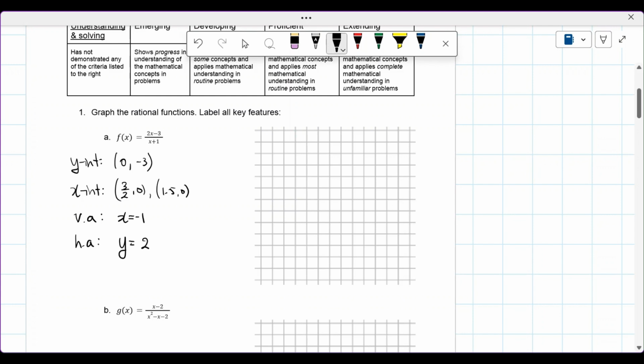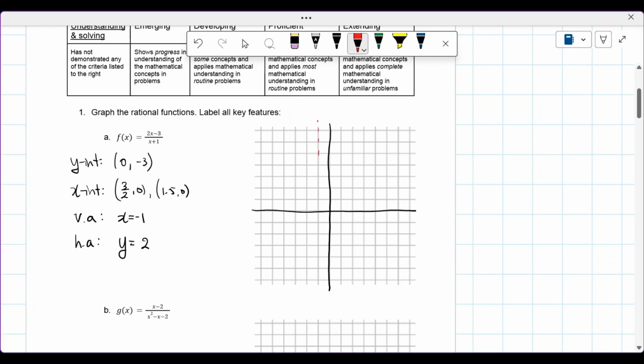So now let's plot these points onto the graph. First of all, my y values go from negative 3 to 2. My x values go from negative 1 to 1. So let's just put it in the middle like this. And then let's start with the asymptotes first.